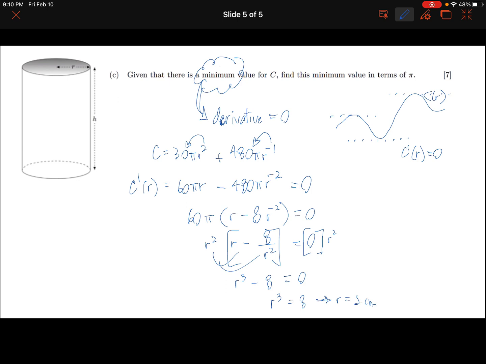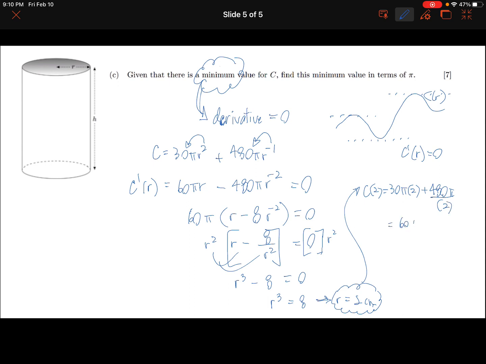What's the minimum value in terms of pi? Well, we didn't find the minimum value yet. We have to substitute this value into C. So we're going to substitute this to find the minimum value of the cost for C. So C at 2 equals 30 pi times 2 squared plus 480 pi r to the negative 1, which will just be r down here.